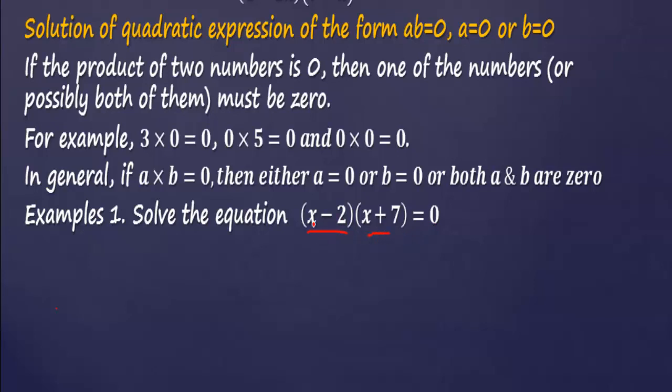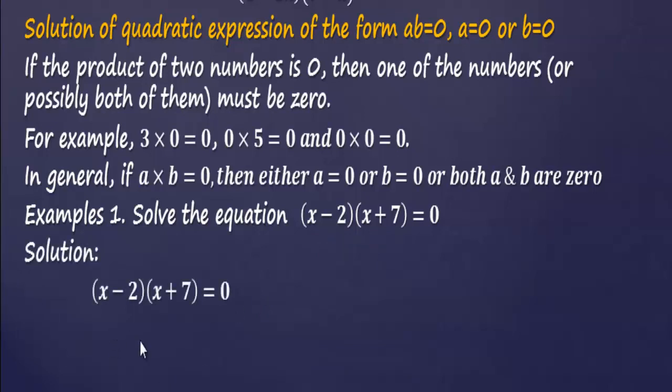If the multiplication of these two is equal to 0, then it's either this is 0 or this is 0, and when they multiply together they give 0. Are you getting it now? So if we represent this one to be A and this one to be B, it's either A equals 0 or B equals 0. That's what I want to explain. And then let's move on.